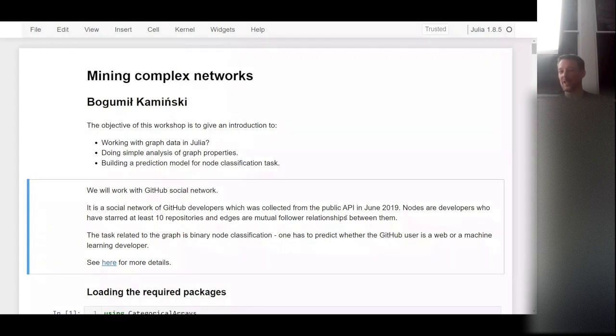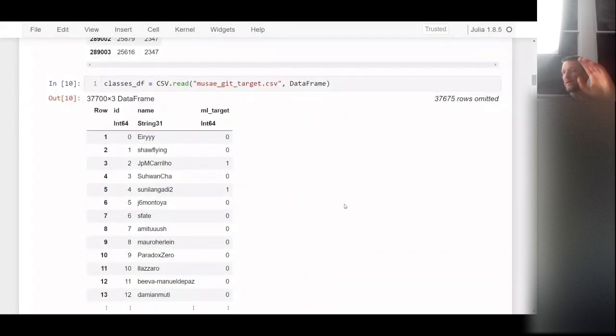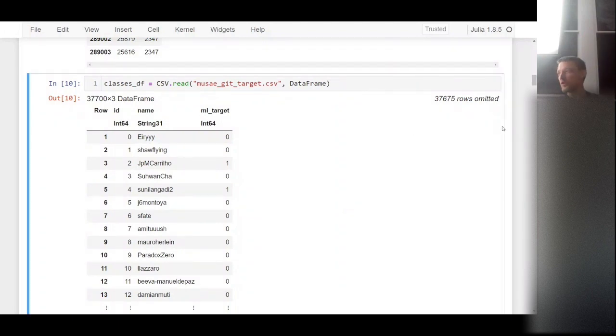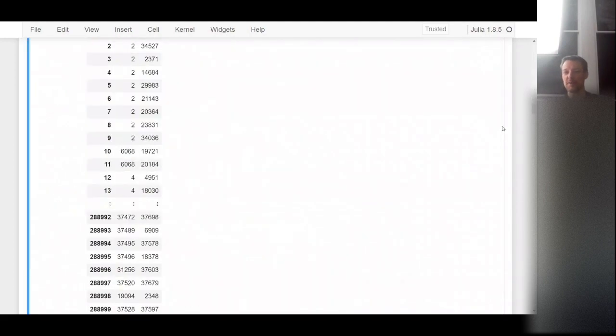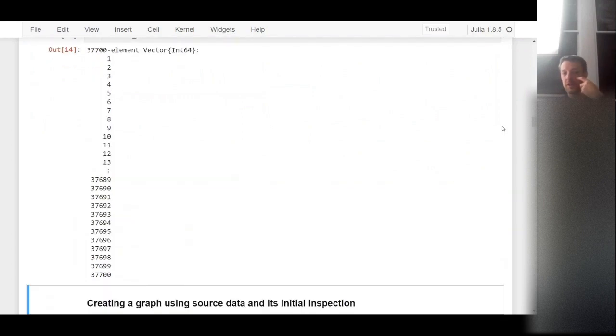But it is a very valid question. If the source data were defined in a different way, we would have a so-called directed graph, which is also supported. It would be a digraph, DI for directed graph. It would be a bit different data structure, but in this case the source data is an undirected graph because I create an edge only if the relationship is two-way.